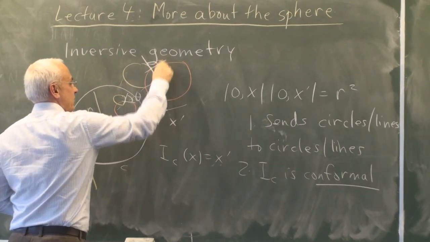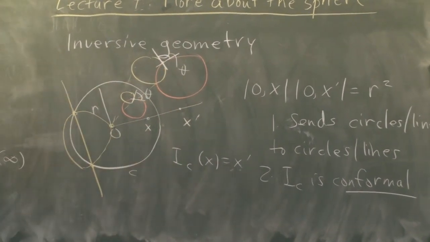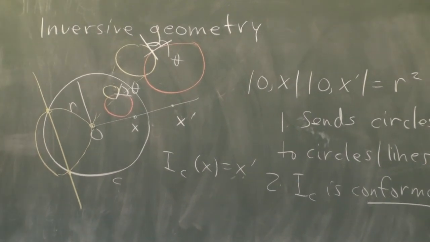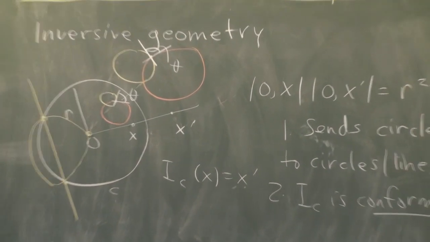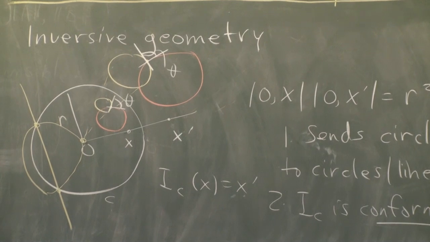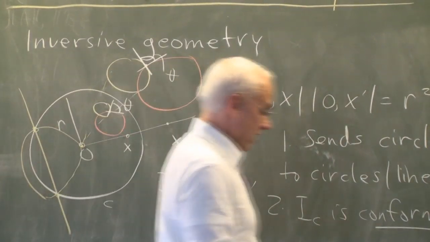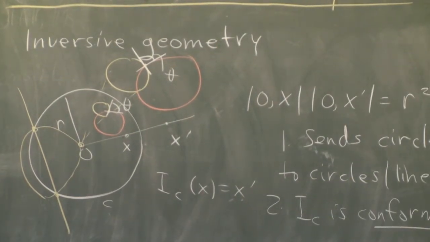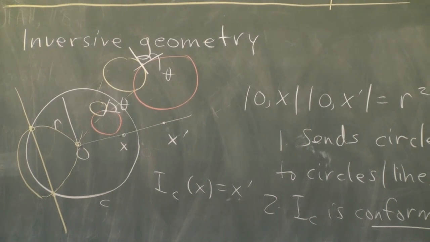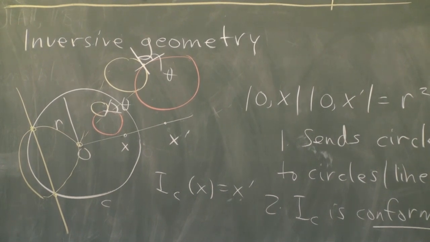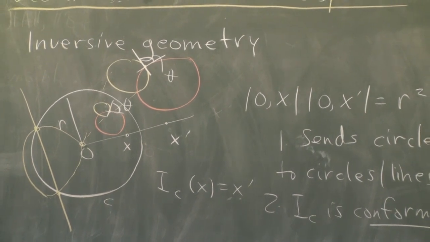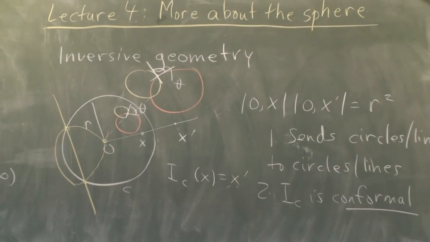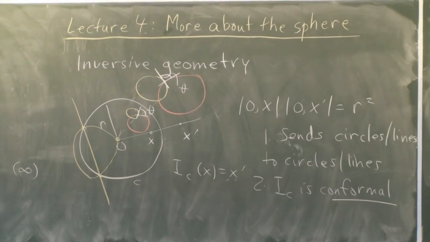That's theta, and that's going to also be theta. So these two properties are, of course, very parallel to stereographic projection, and it turns out that stereographic projection can be viewed, in fact, as a type of inversion in a higher dimensional space. So it's not entirely surprising that these two things are connected. But I'm not going to mention that.